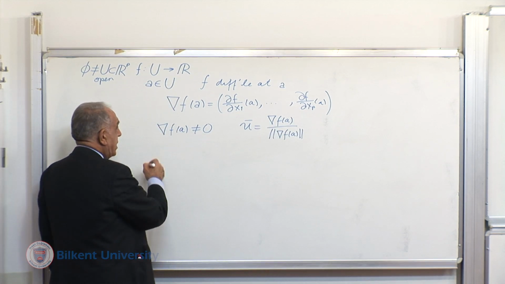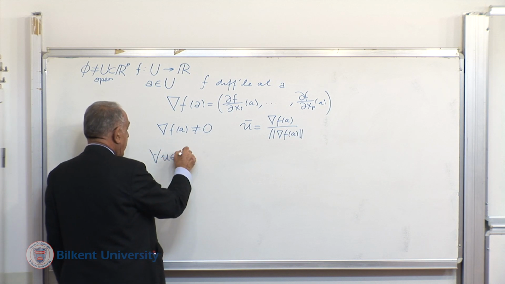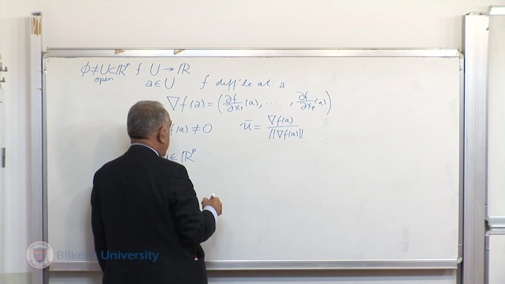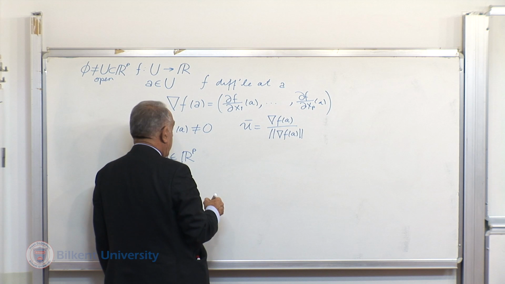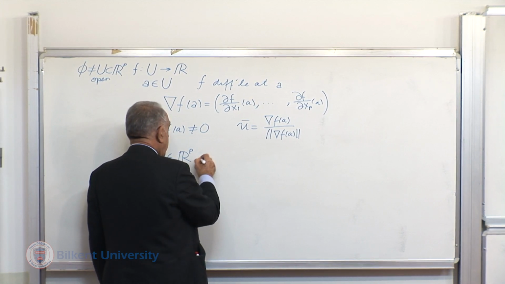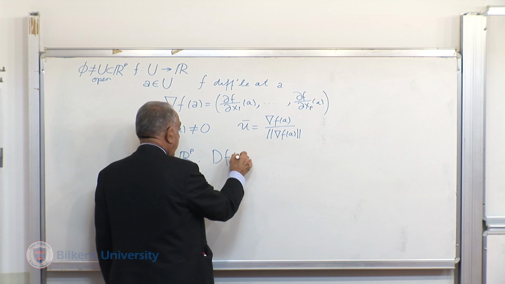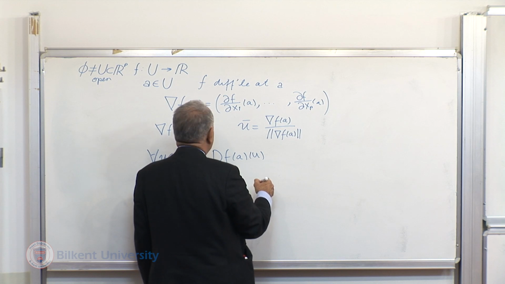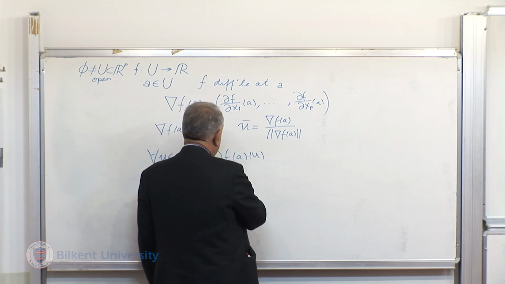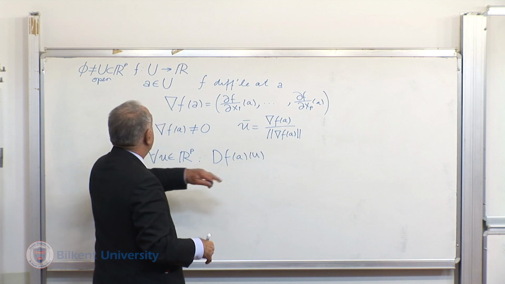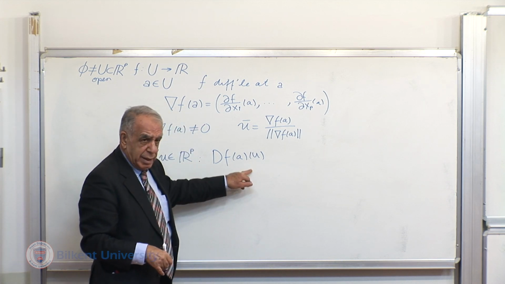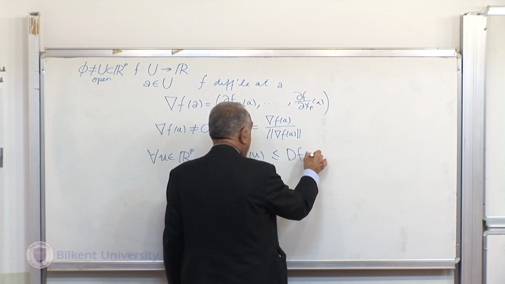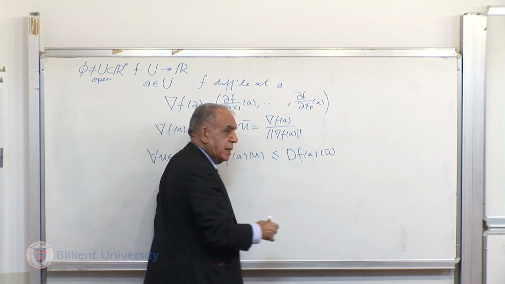And now the question is, for all U in R^p, the differential of F at A applied to U, so the differential of F at A is a linear map on R^p to R, so this is a real number. This is less than or equal to the differential of F at A at U bar. This was the question, right?